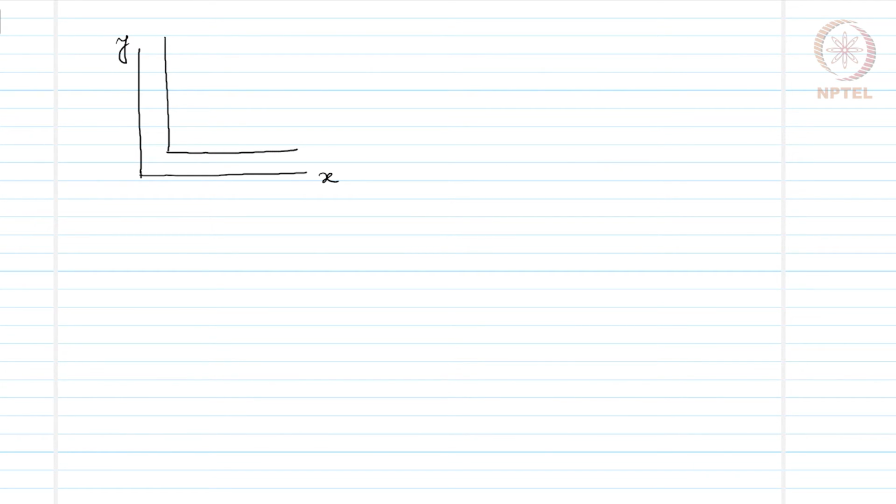So, we move to x bar and y bar, and we have a physical charge distribution. This displacement of the coordinate system is made by a vector a.